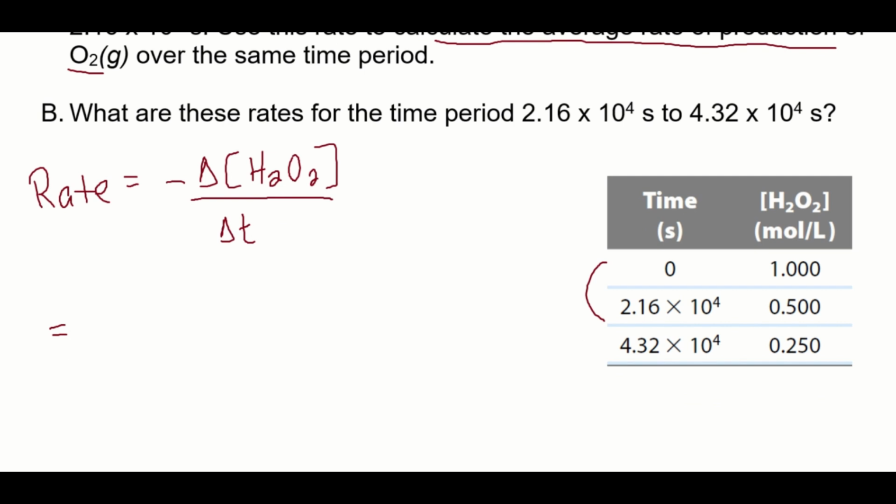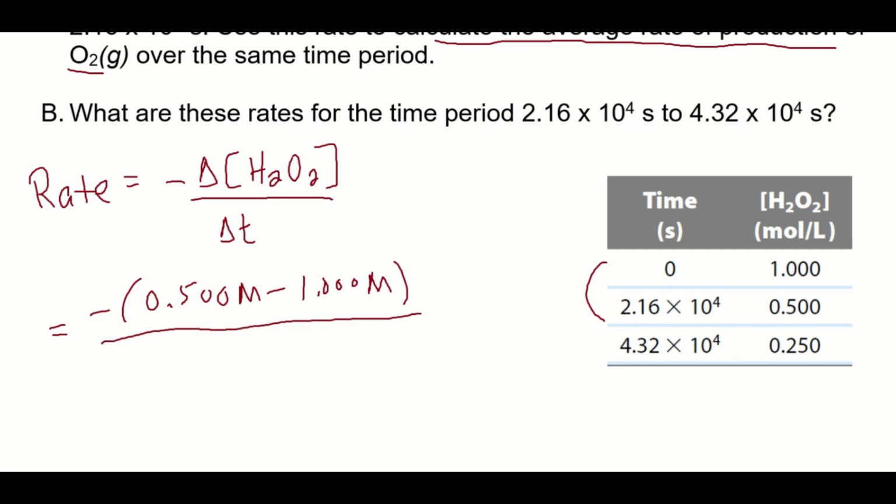The rate that hydrogen peroxide is being used is equal to the final concentration, where concentration is in the second column of our data table, minus the initial concentration. So I'm just going to use molar to save some space.